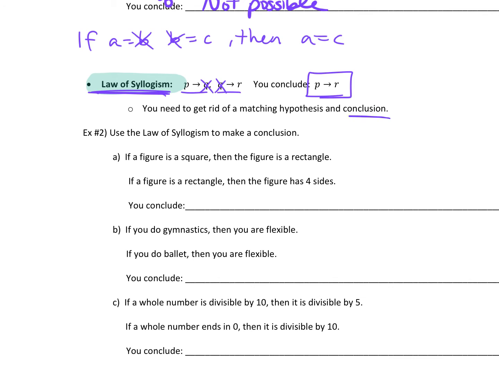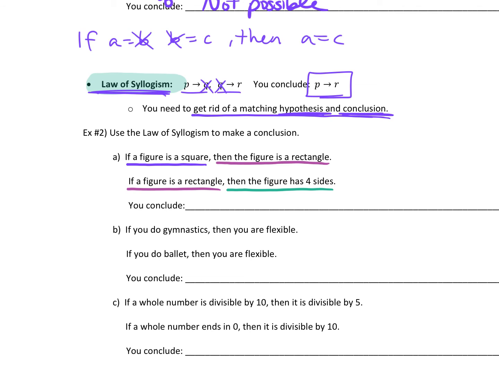So here's what you do with this. You're just gonna get rid of the two hypotheses and conclusions that match, okay? So it says if a figure is a square, then the figure is a rectangle. If a figure is a rectangle, then the figure has four sides. What are the two things that are talking about the same part?